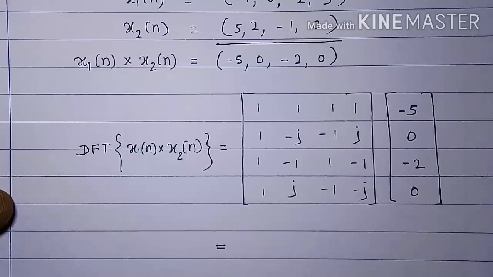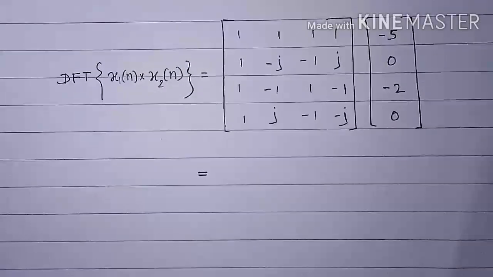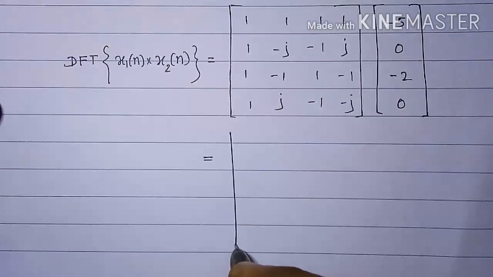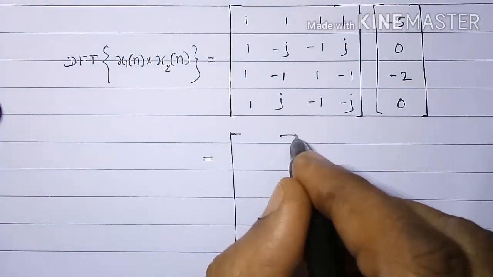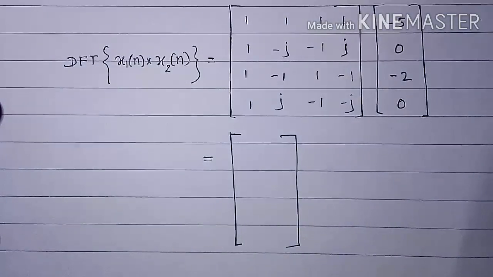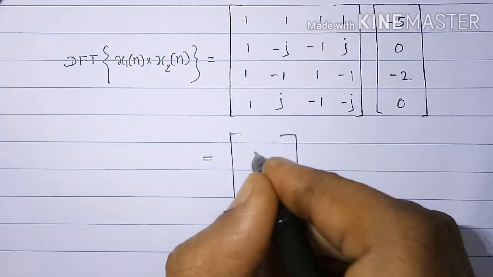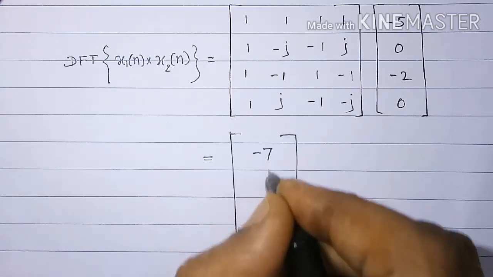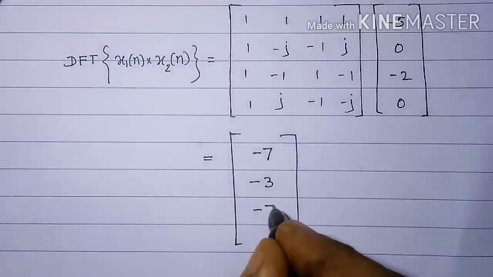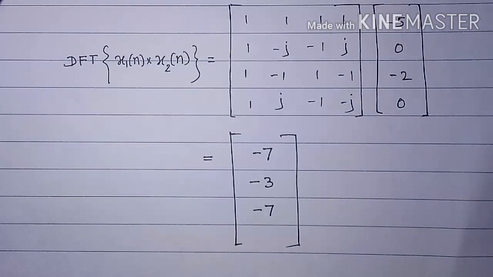Multiplying these two, we get minus 7 comma minus 3 comma minus 7 comma minus 3.